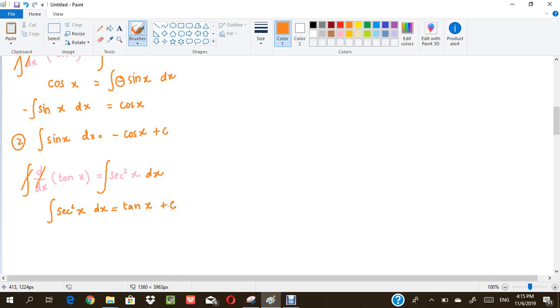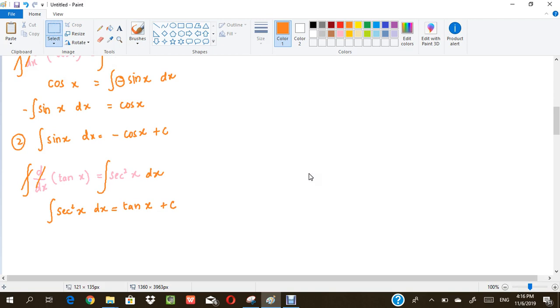Now, what is the integral of tan x? For this question, we'll have to wait a bit. In one of the future videos, when we start off with integration of the functions of the type f dash x upon f x, at that point of time, I'm going to tell you how to integrate tan x. At this point of time, we're not discussing that, right? So the integral of tan x comes later.